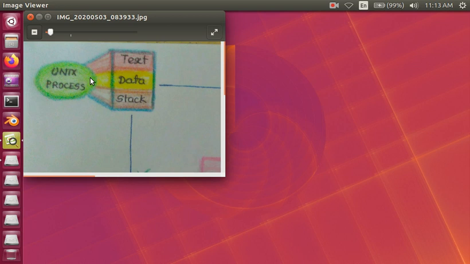The main contents of a Unix process can be divided into three major parts: text part, data part, and stack part. The text part contains the instructions. The data part is nothing but the operands required for those instructions.